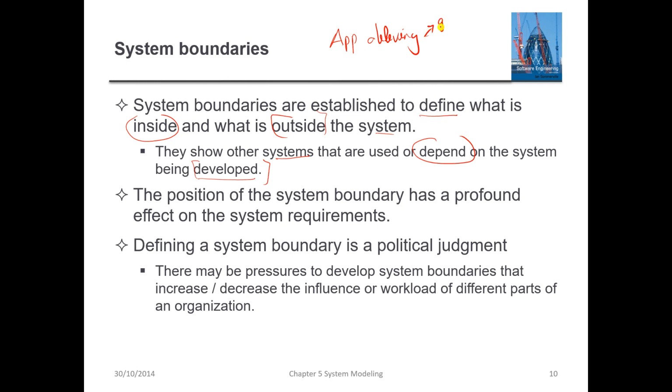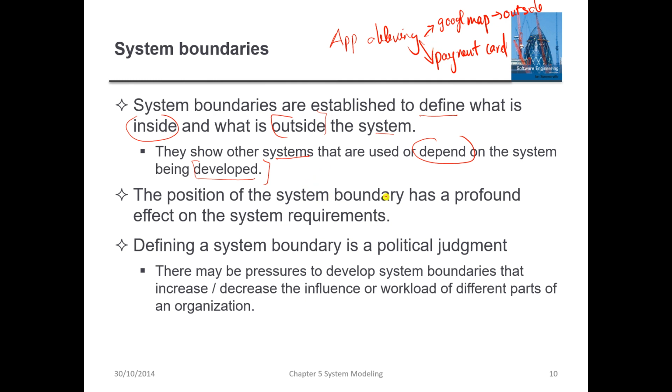If you use Google Maps to find an address, it must be outside. But if you use payment from cards, it must be inside the system. So boundaries mean what is outside and what is inside.